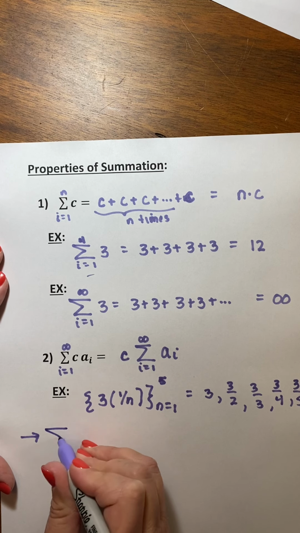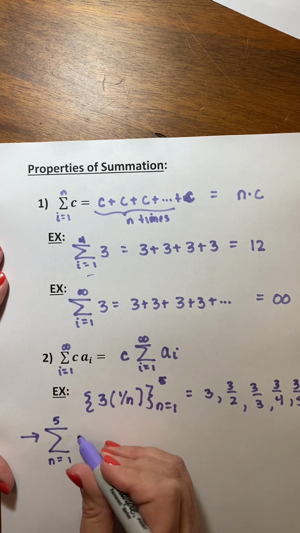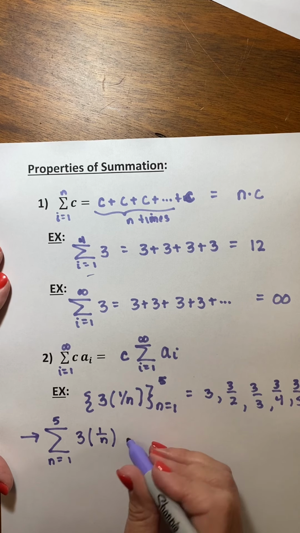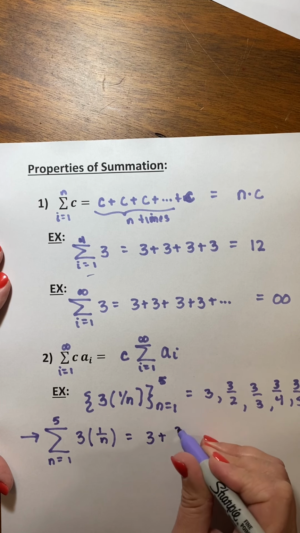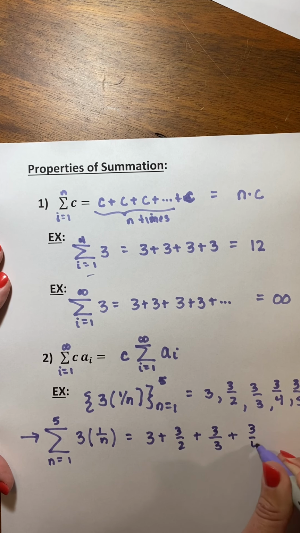The corresponding series, from 1 to 5 of 3 times 1 over n, would be 3 plus 3 halves plus 3 thirds plus 3 fourths plus 3 fifths.